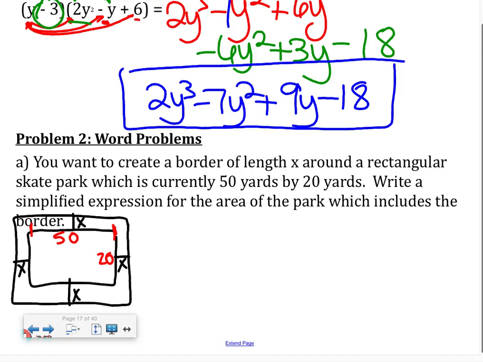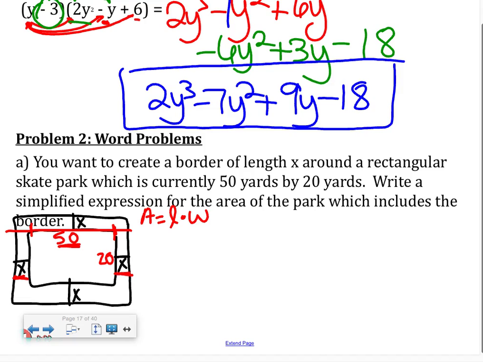Okay, and it is telling us to write a simplified expression for the area of the park, which includes the border x. And reminder, area, we find that by taking length times width. So now if I am looking at my length here, going all the way across from here to here, I have my original 50, but now I have this border, so I've added these x's to my side.